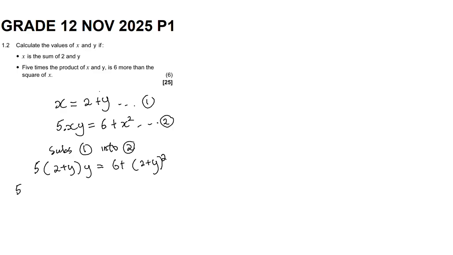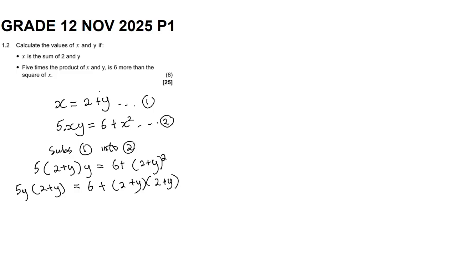We can rewrite this as 5y times (2 plus y) equals 6 plus, and just expand this bracket here, 2 plus y squared.